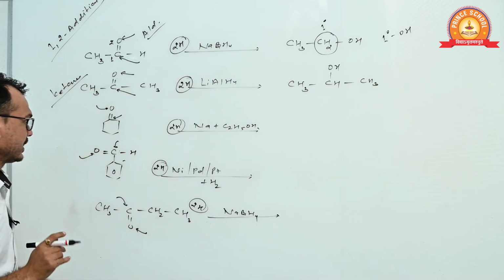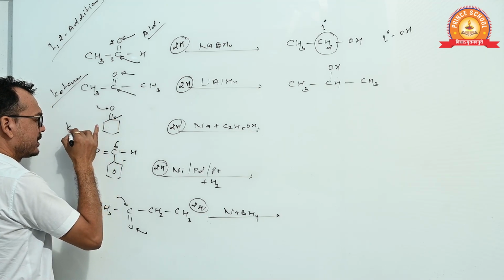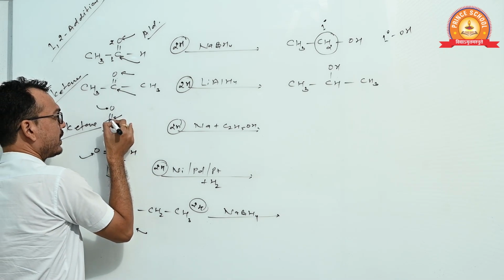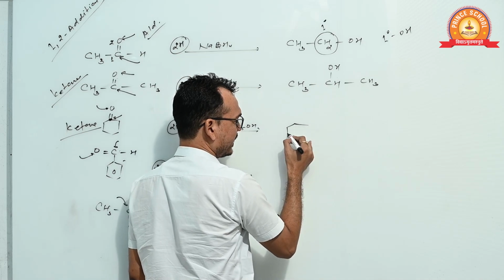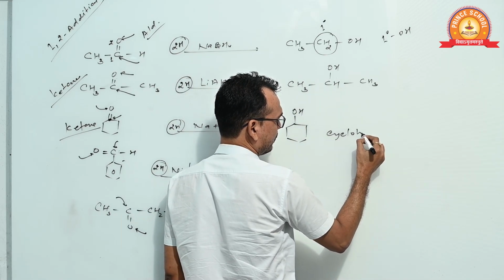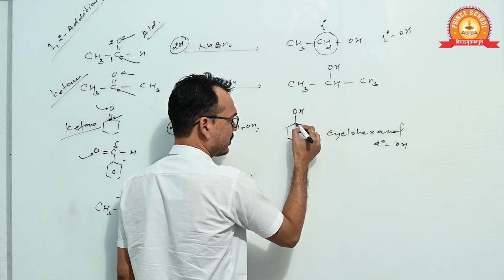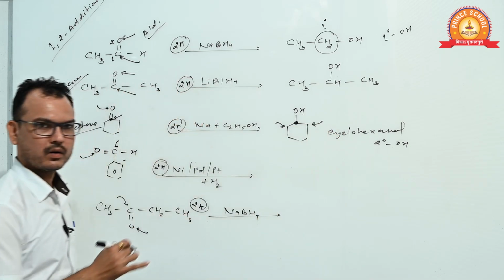Clear? Next, it is cyclohexanone. It is a ketone, and you also get a 2 degree alcohol. One hydrogen at this carbon atom, one hydrogen at the oxygen atom, then it gives cyclohexanol. Cyclohexanol is a 2 degree alcohol because this carbon atom is attached to 2 carbon atoms.